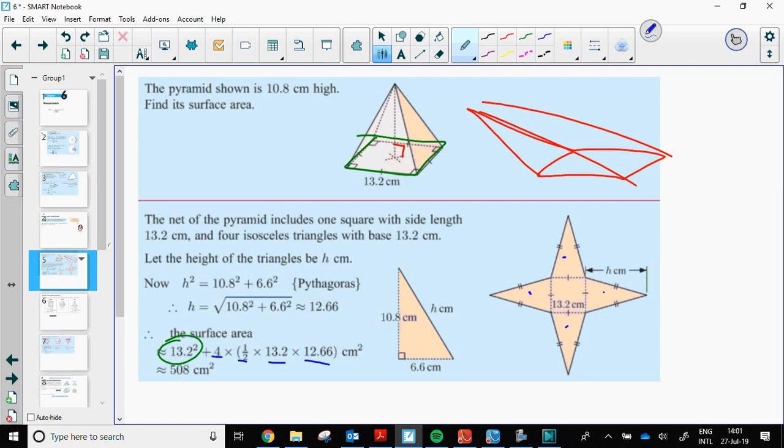We know the base is 13.2, and the height we figure out just by using the Pythagorean theorem. Notice here that the height of each of the triangles is actually the slant height, if you will, of the pyramid itself. Anyway, add up all that together and you get your surface area.